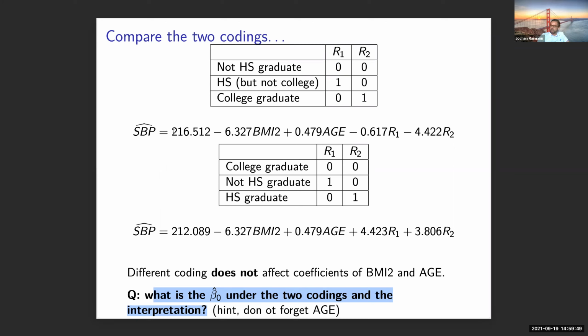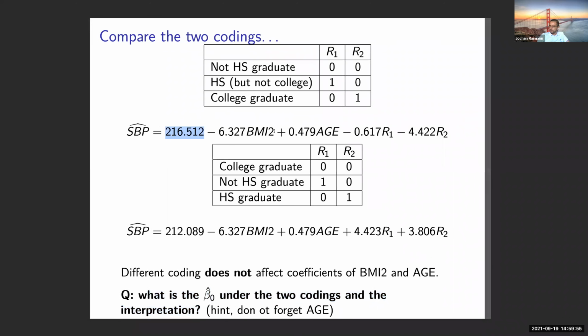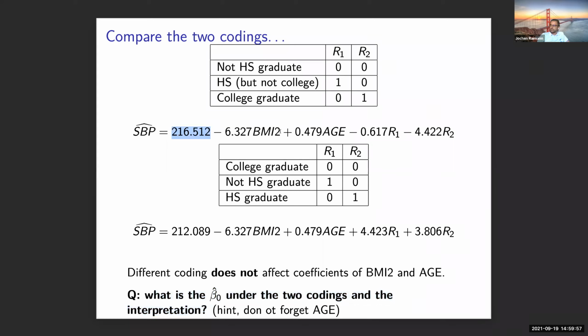So your SBP hat is here 216 for BMI2, which is for the low. So this reference group are the high BMI guys. So this is now BMI2. If this is 1, then it's a low BMI. So it's dropping down the blood pressure. This is being held constant.